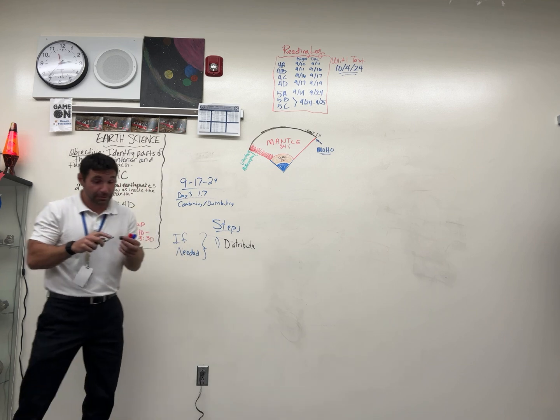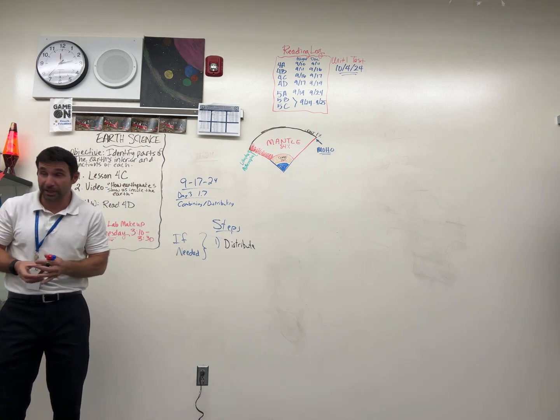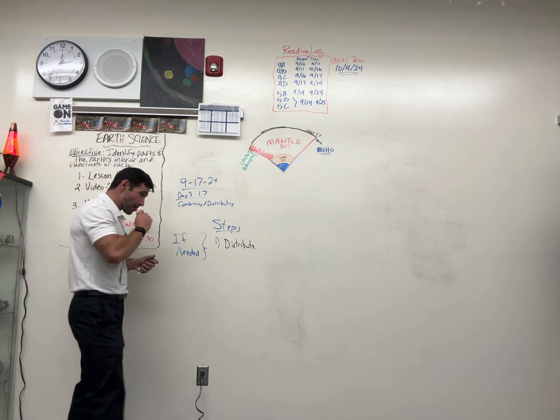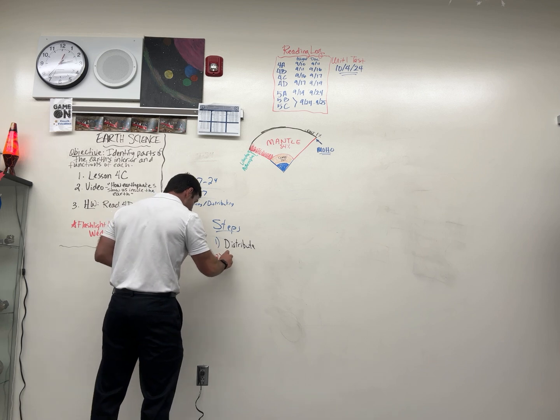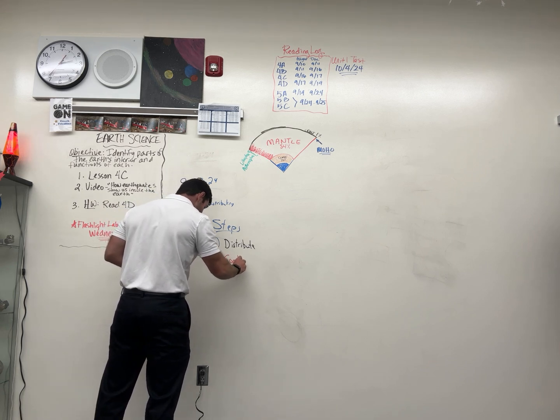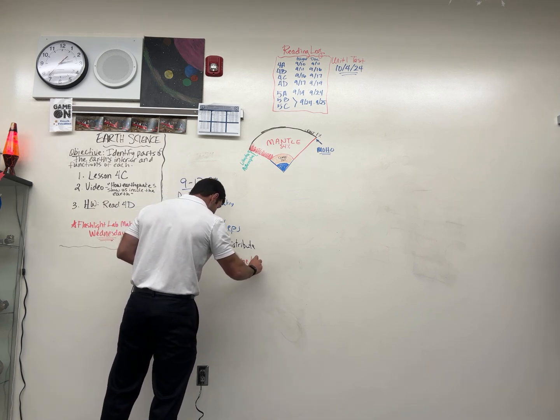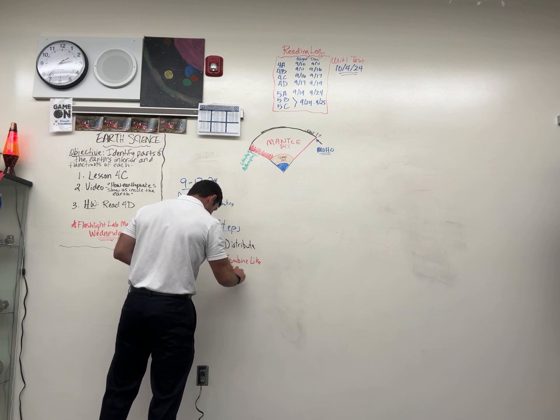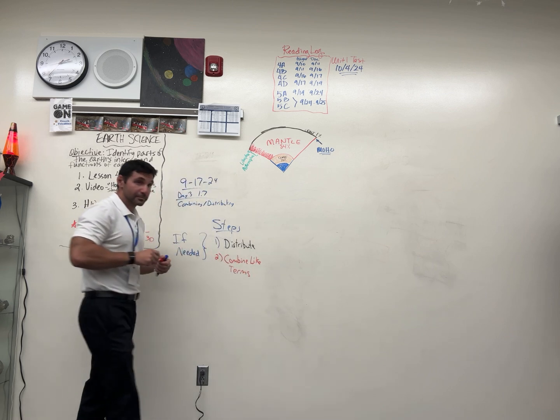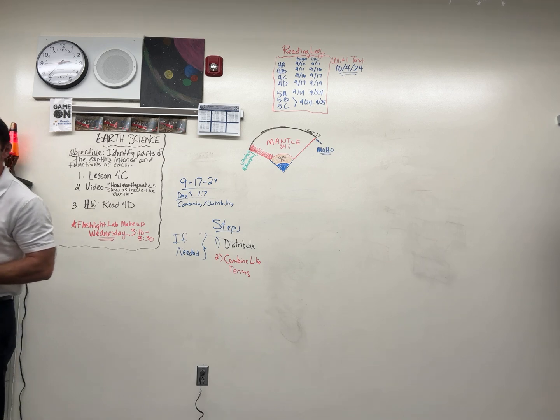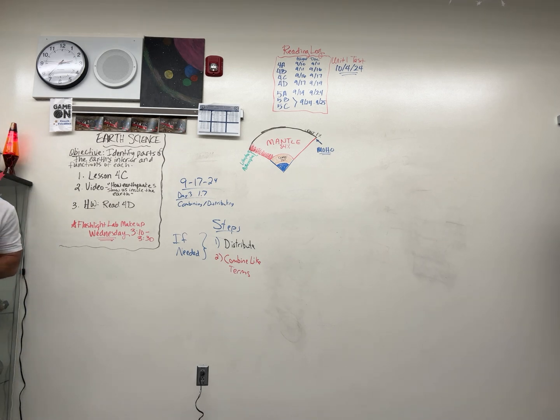If you don't need to distribute, guess what? You're not going to distribute. Step 2, if needed, combine like terms. That's it. I promise you, you are going to find these easier than doing each thing by themselves. You're prepping yourself. You've done these. You are ready for these problems. Okay?